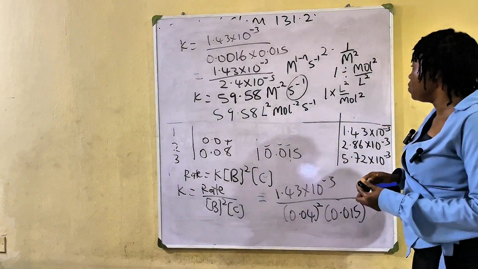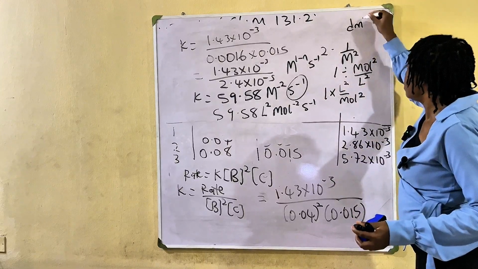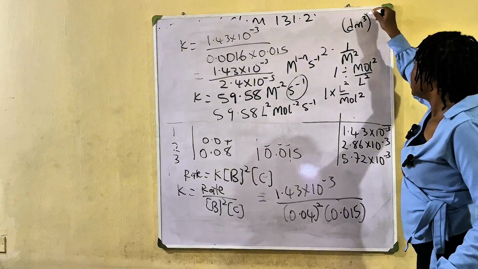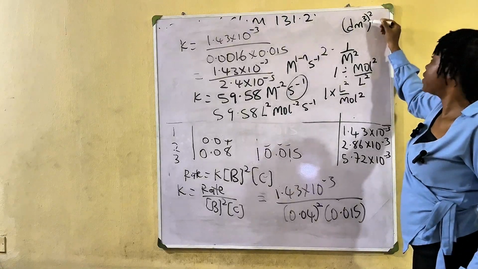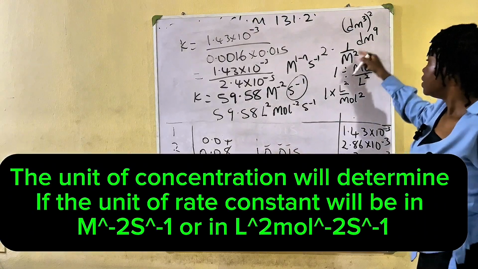So if it's dm cube, remember dm cube, now we are squaring it. So square of 3 is what? 9.